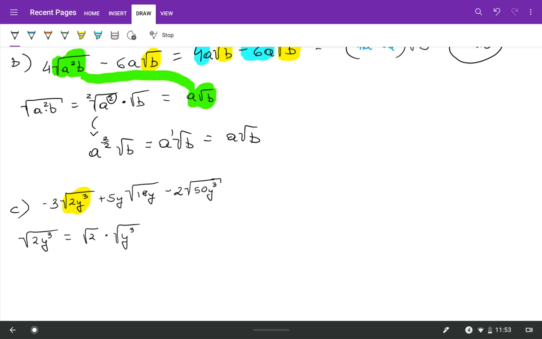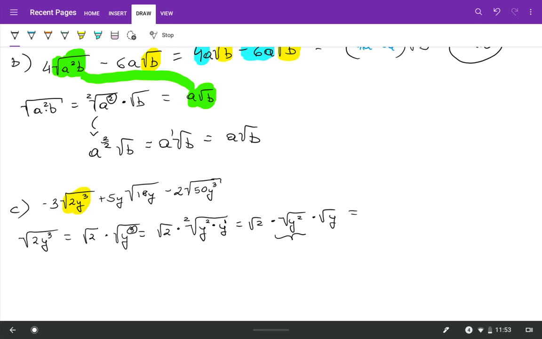Okay. So here, for y to the third power, the index of the square root is 2, so you can rewrite that as y squared times y, and again, originally the power was 3, so I'm missing that 1, because 2 plus 1 will give you 3. So that will be square root of 2 times, using the product property, square root of y squared times square root of y.